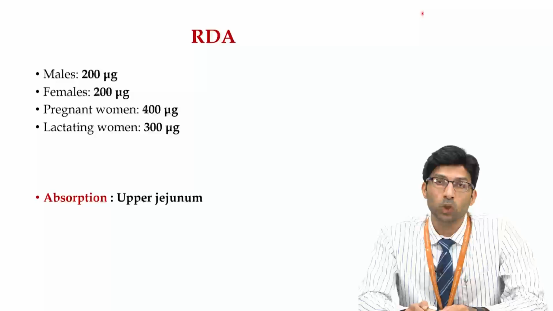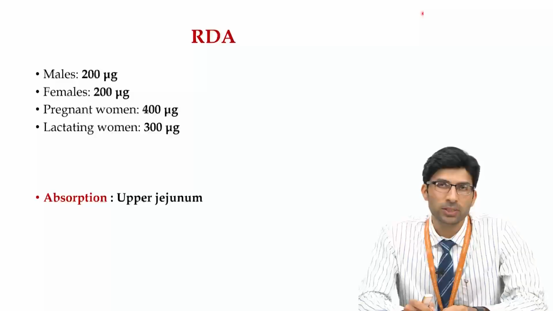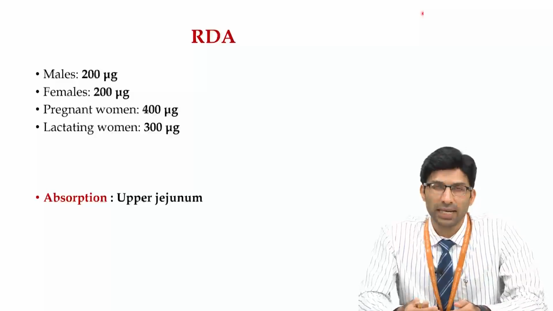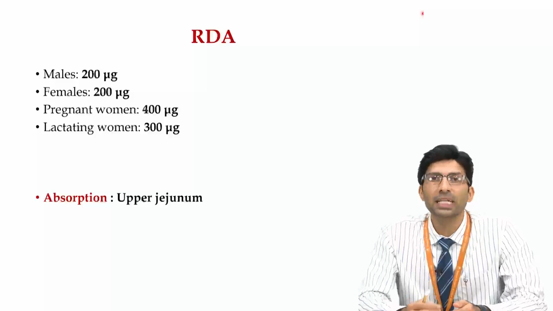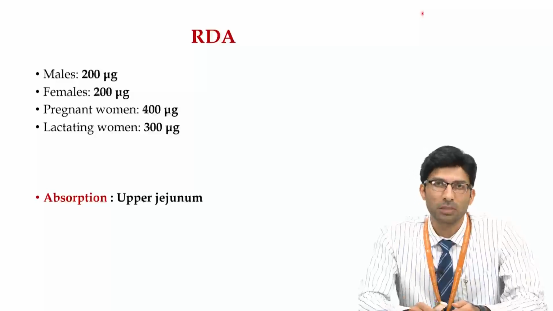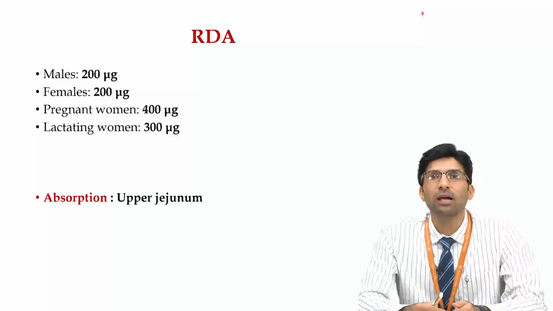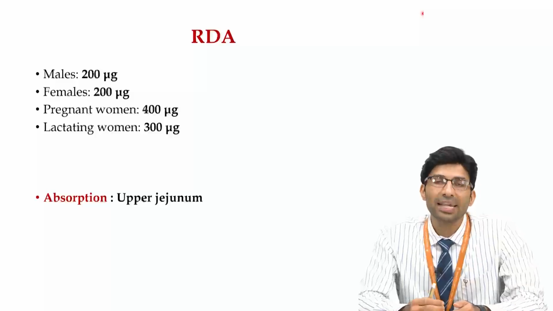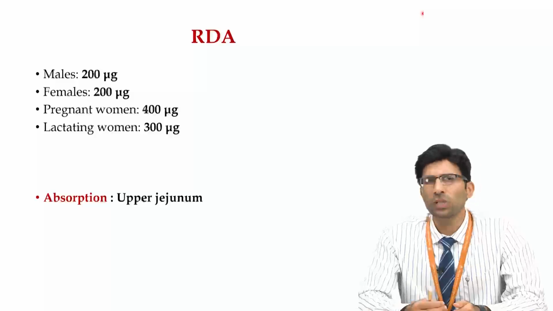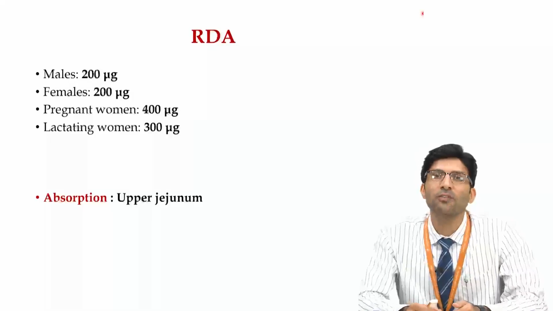Where is it absorbed? It is absorbed in the upper jejunum. Normally, if a person consumes a diet rich in folic acid and does not have any inhibitors in the GIT, absorption happens in the upper jejunum. But there are some drugs which can act as a barrier for folic acid absorption. We are going to see a little later which are the few drugs which can actually affect the absorption of folic acid.